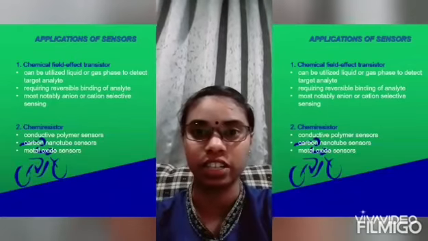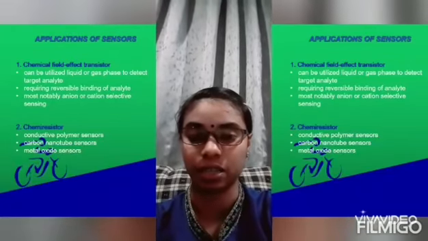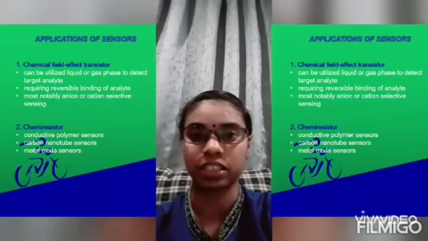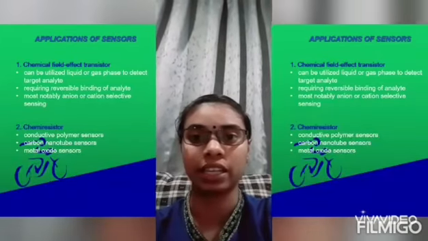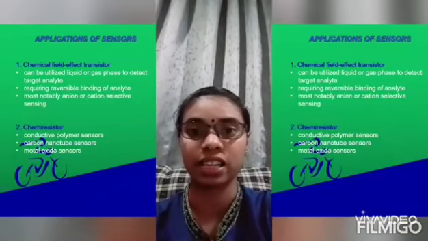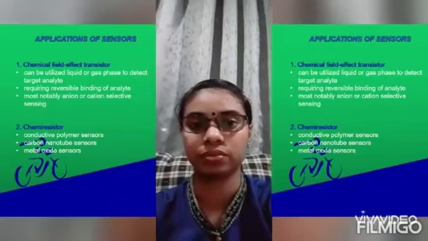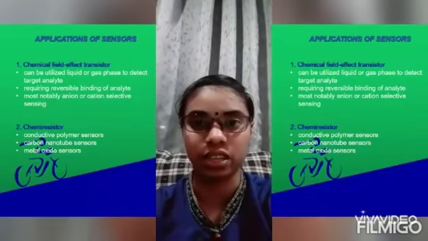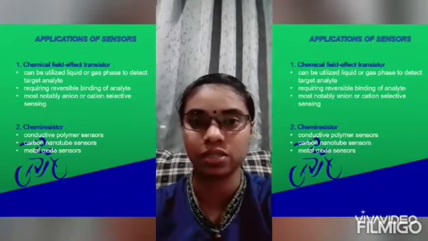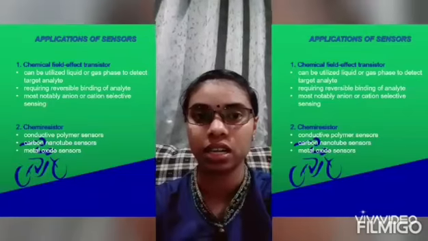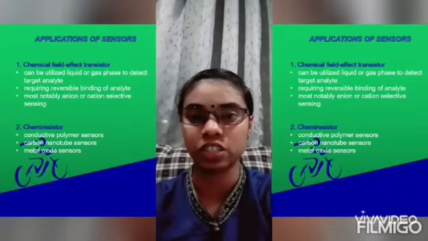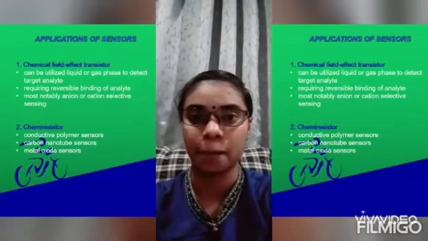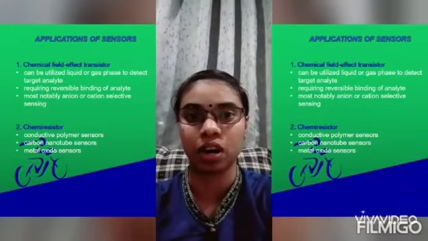There is a wide range of applications of chemical field effect transistor, including most notably anion or cation selective sensing. The chemiresistor conductive polymer sensors for second-hand smoke, carbon nanotube sensors for gaseous ammonia, and metal oxide sensors for hydrogen gas.